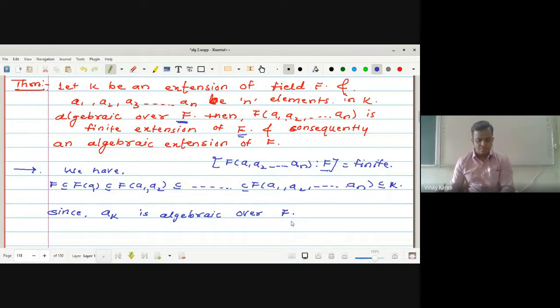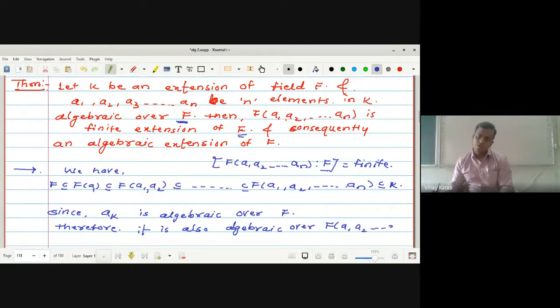Therefore, it is also algebraic over F of A1, A2 up to so on An. Why?